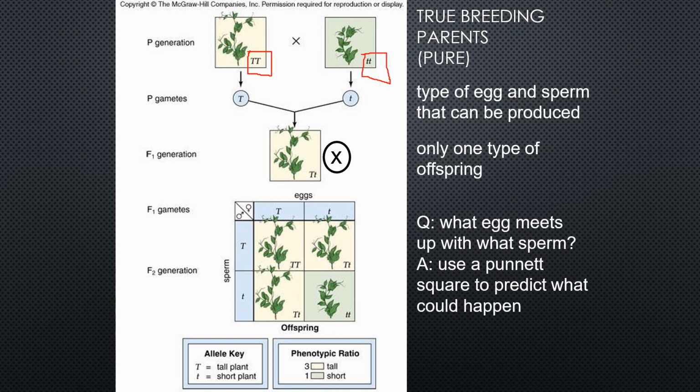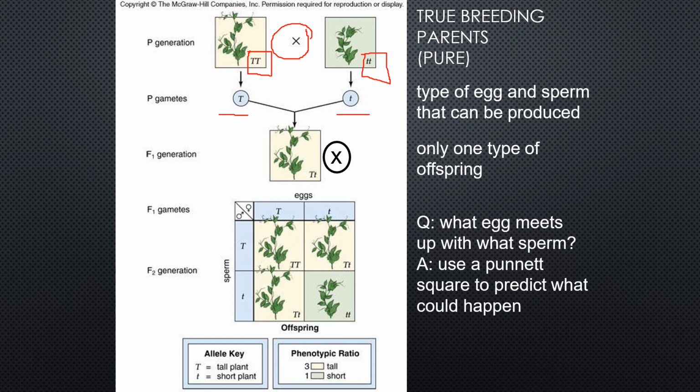Now, our first step in this is that we have cross-pollinated 2 purebred plants. Okay, so we have our gametes that we talked about a minute ago. We get a tall gene from our tall plant and a short gene from our short plant, so we cross-pollinate these two.